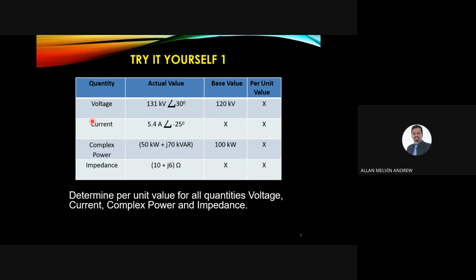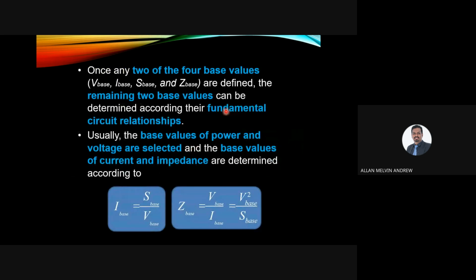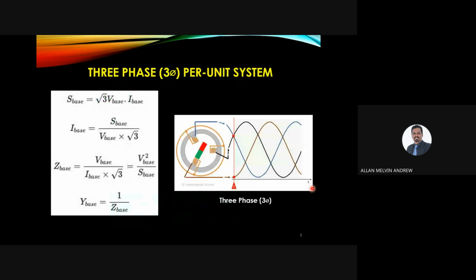So we can see we have four quantities, and this is the actual value. The actual value is given, but only two base values are given. Earlier we saw once any two of the four base values are given, the remaining two you can find using these two formulas. Okay, so try to find.